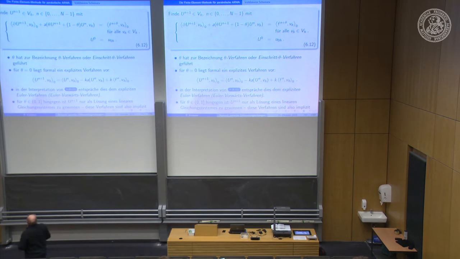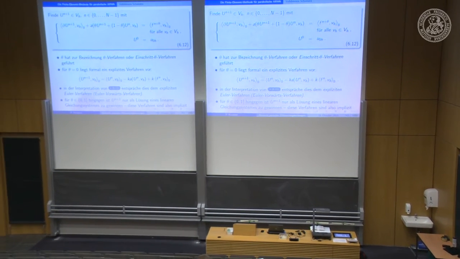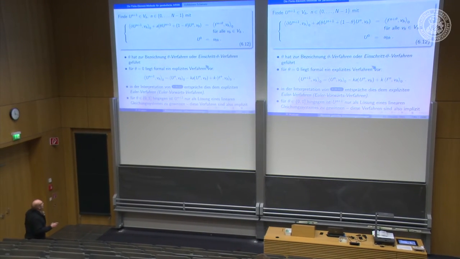We are looking for a sequence of functions in the discrete space V_h, such that u^0 is identical to the corresponding approximation of the initial data, and then in general u^(n+1) fulfills this equation. You see this is exactly the same thing. Here we have the time derivative, the difference quotient, and here we have the corresponding convex combination of the levels in the bilinear form.